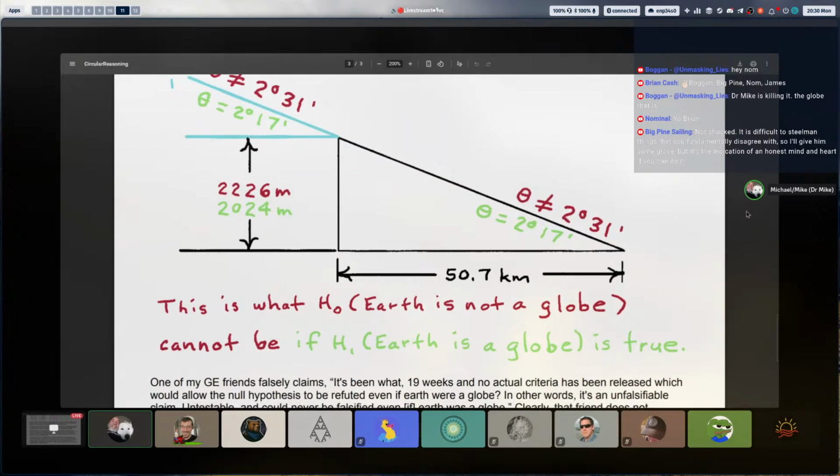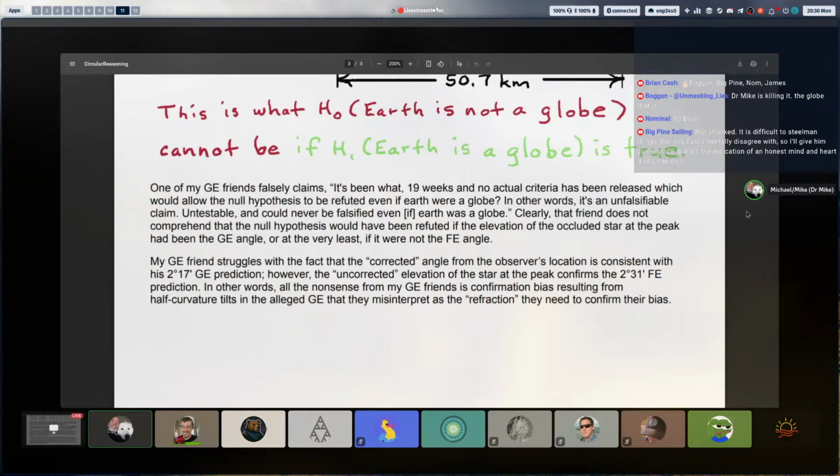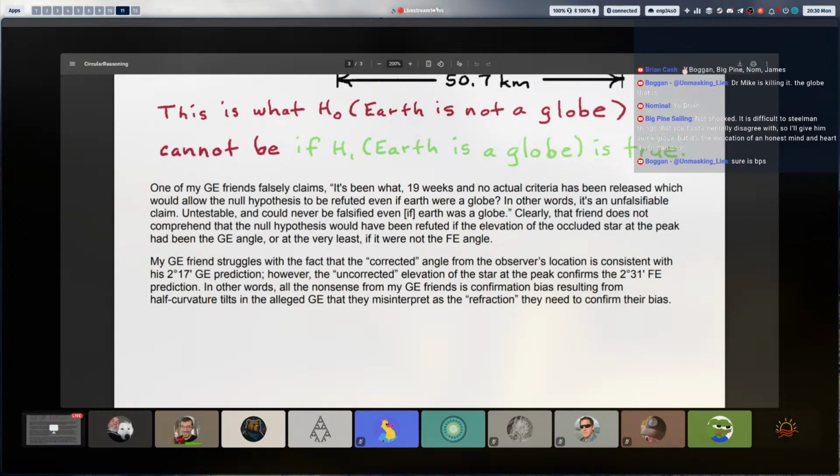Their data needs corrections, ours does not need corrections, and yet they claim their data is better.